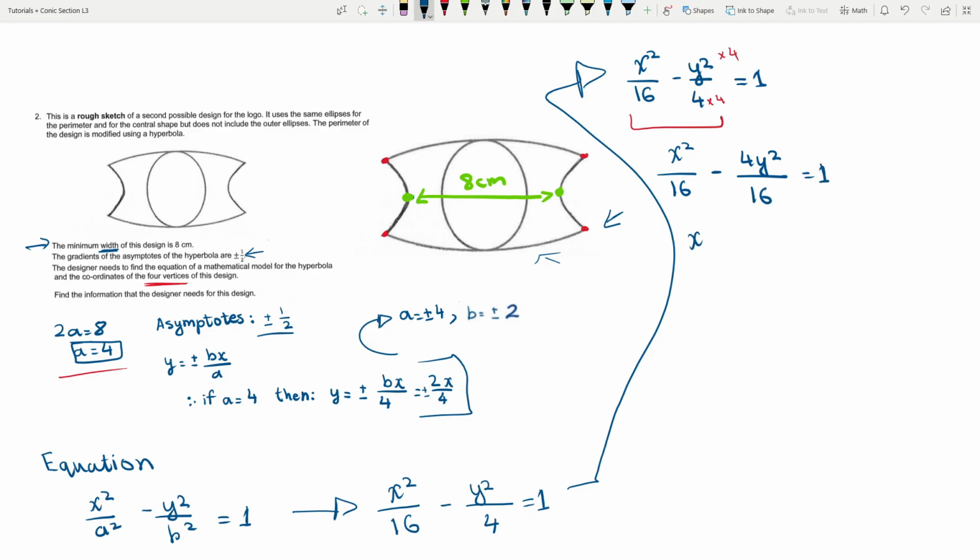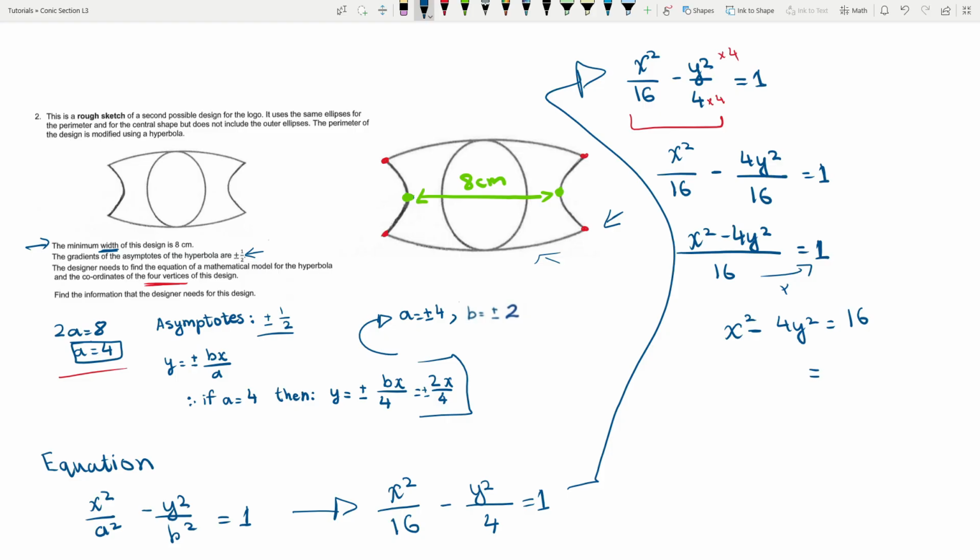So this is basically like this. We can multiply 16 to the other side, right? This will leave us with x squared minus 4y squared equals 16 multiplied by 1, which is 16.